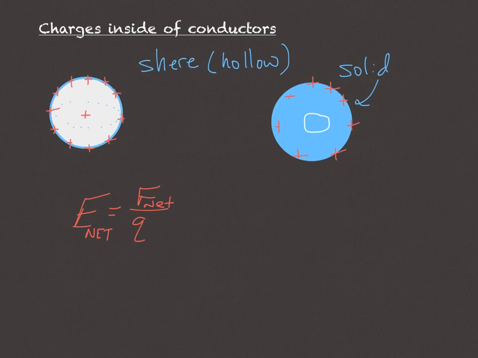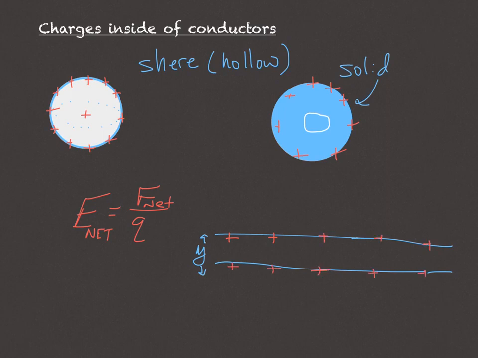And it doesn't only happen with the sphere. If we had a long bar of conducting material, and it had some thickness here, and we touch this long bar or plane of metal that has a significant thickness, the charges would spread out to the outer surfaces, again leaving no charge within the space between the outer surfaces.